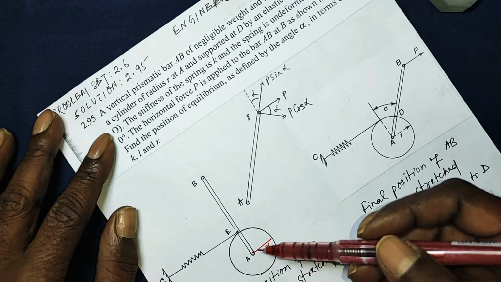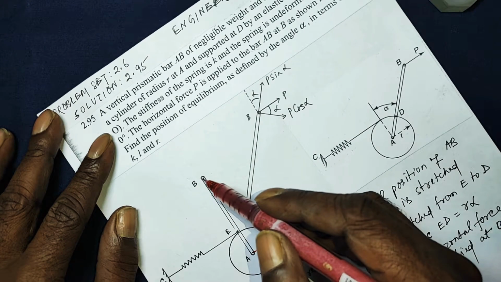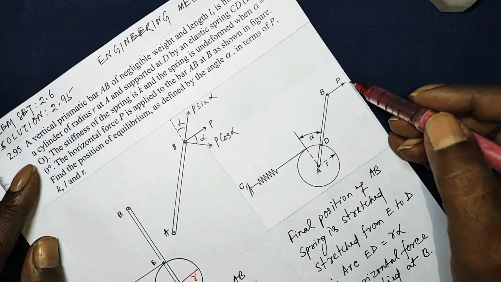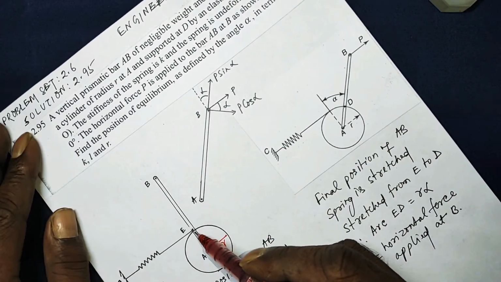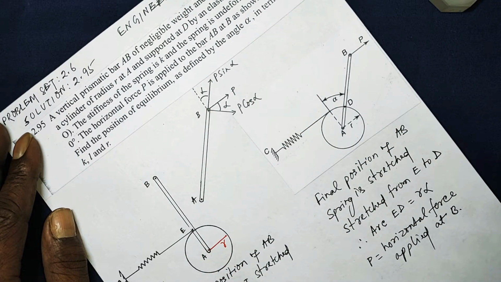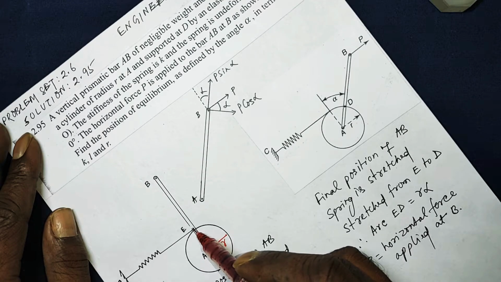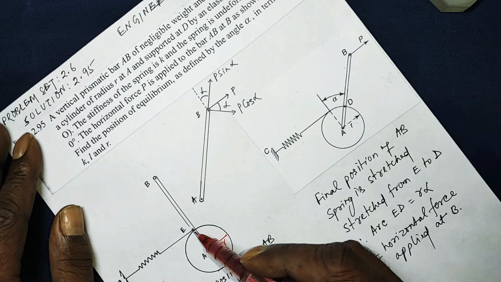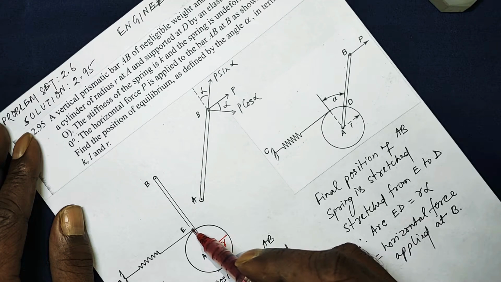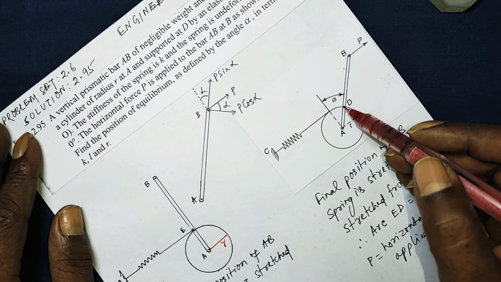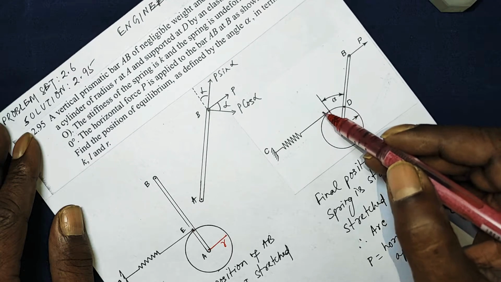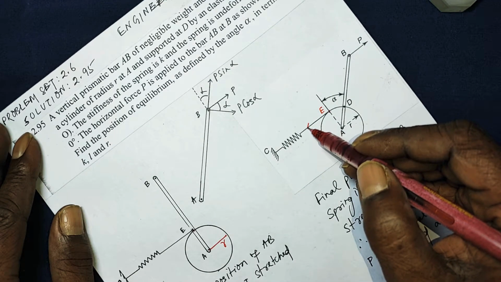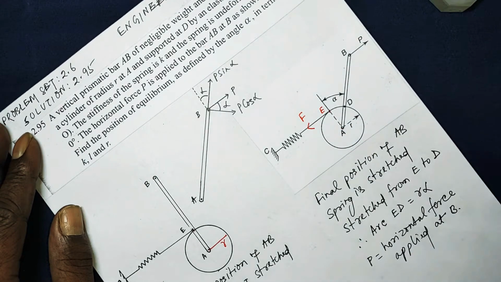When this prismatic bar is applied with a force P here, as shown, then the length of the spring, which was from C to E in the unstretched position, has increased from E to D. Let this point be E. So there will be a restoring force developed in the spring, let it be F.